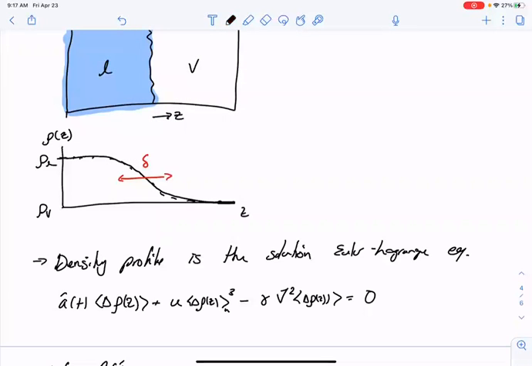So if I was going to write down a functional form that looks like that curve, what kind of functional form does that look like? So you might guess an error function. Well, that's going to be a little bit complicated to work with. A reasonable alternative that also looks like an error function would be a hyperbolic tangent.